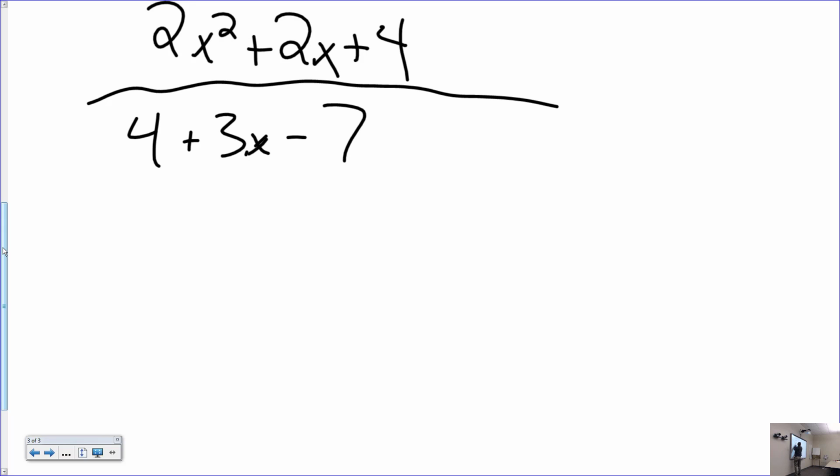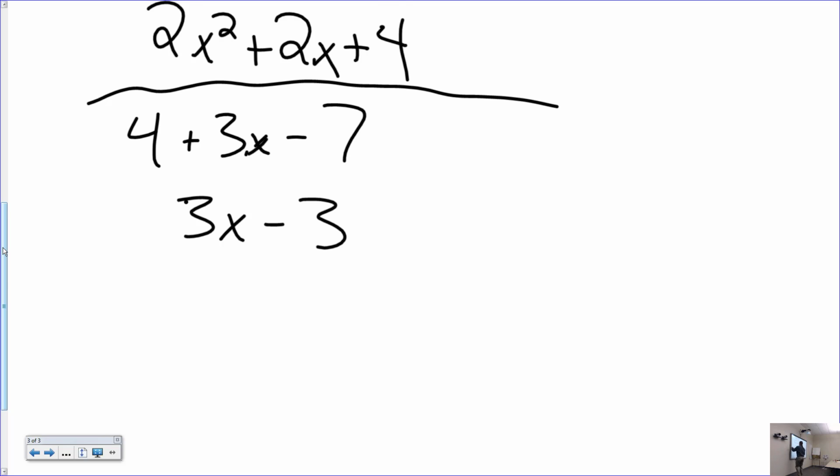So the 4 and the 7 need to combine, but note this is a positive 4 and this is a minus 7. Think of minus 7 as you owe somebody $7, and the 4 as you have $4. If you have $4 and you owe somebody $7, you're $3 in the hole, negative 3. So just be careful of signs, okay?